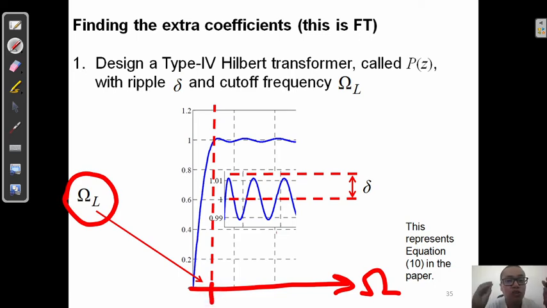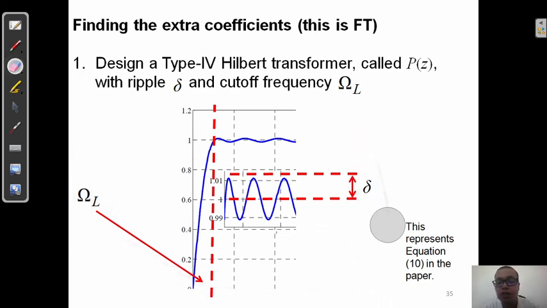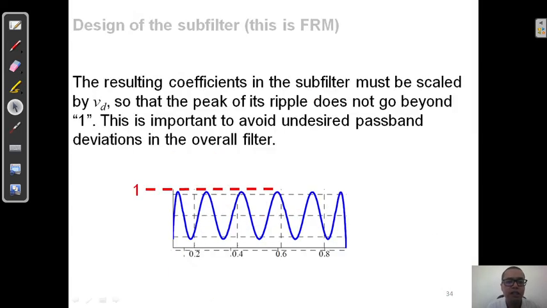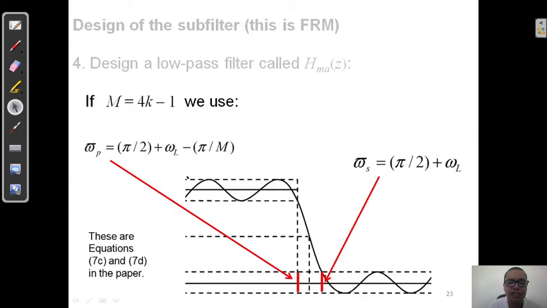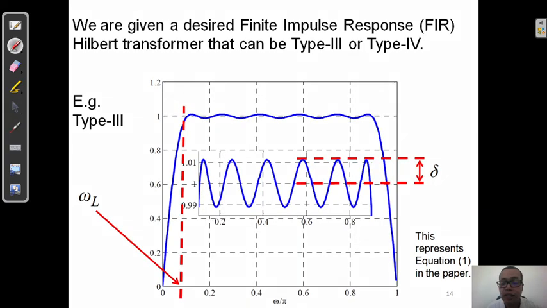Again, let us assume that we know it. We will see later. This delta is from the specification of our desired filter. Let me go back a little bit, this delta here. We already know that is our specification.